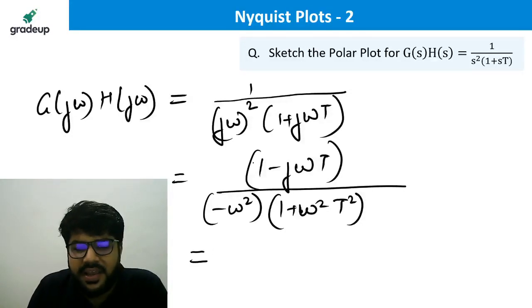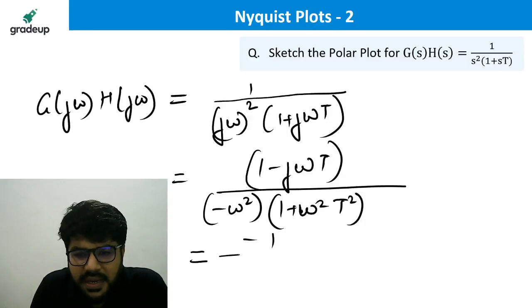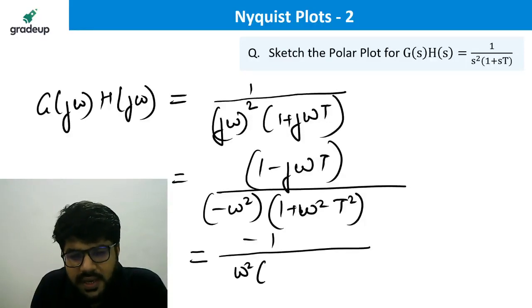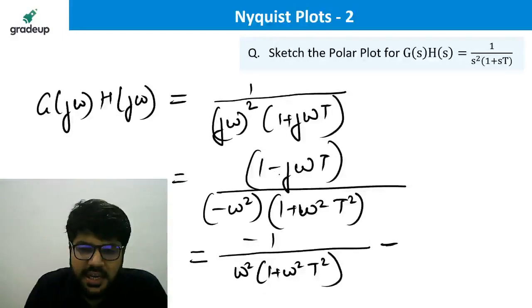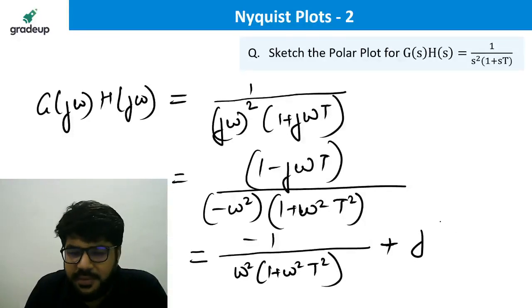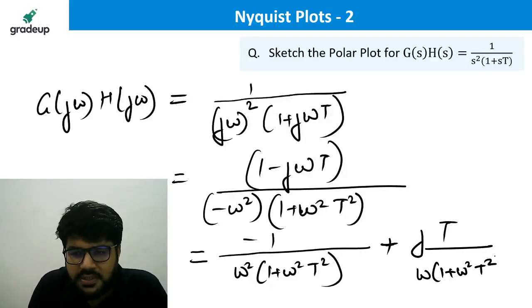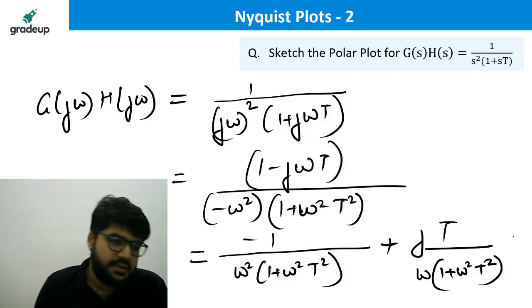Now breaking into real and imaginary part, it is minus 1 by omega square (1 plus omega square T square), minus, now you see minus minus is getting cancelled, so it is plus j omega, and one of the omega will be cancelled, so j T upon omega (1 plus omega square T square). Okay.